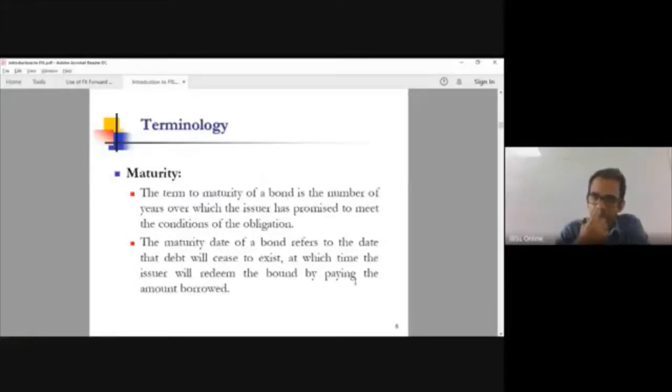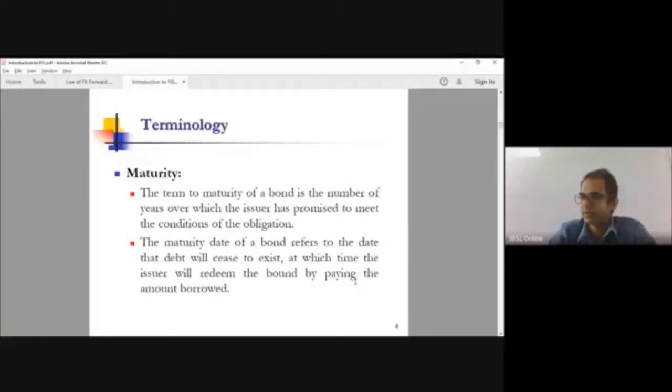Then the other one is maturity. That is the period up to which this obligation exists. So, for example, if you grant a loan for 5 years, it's a 5-year maturity loan.